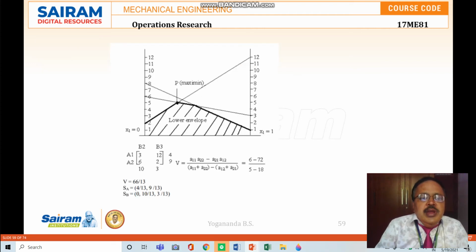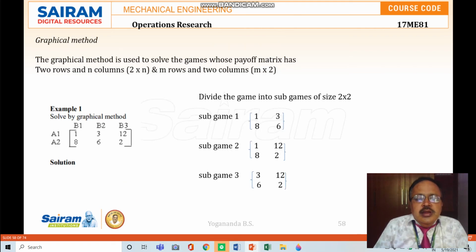Now the lines will be drawn here. A1, A2. 2 lines are drawn for the player A. Option 1, option 2. So do or die situation for player A. The first sub game is 1, 8.